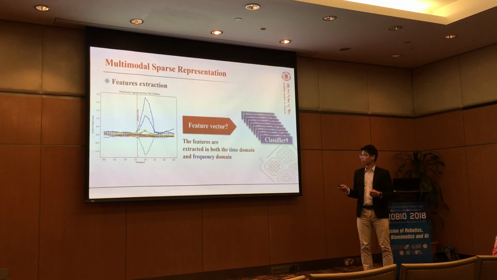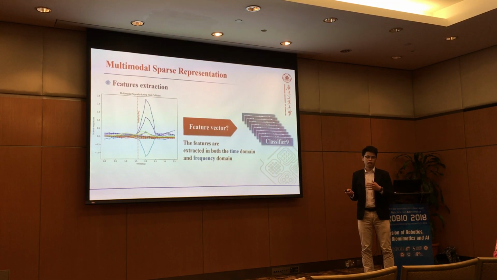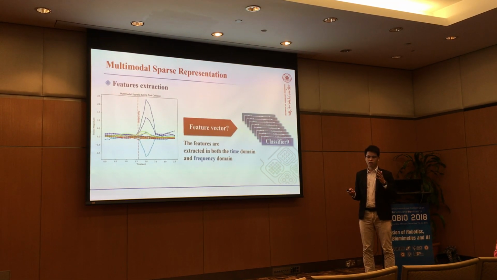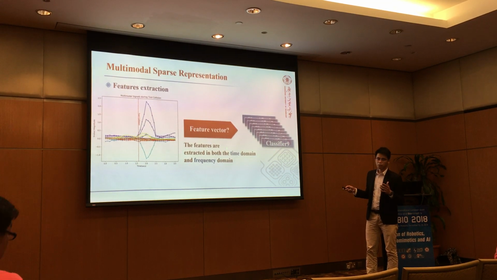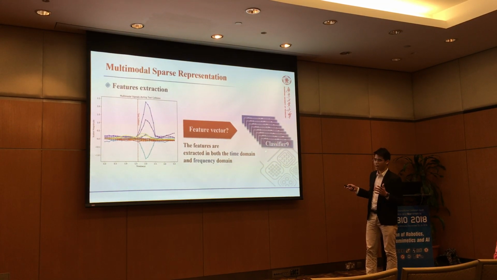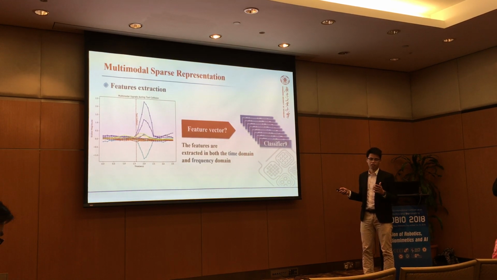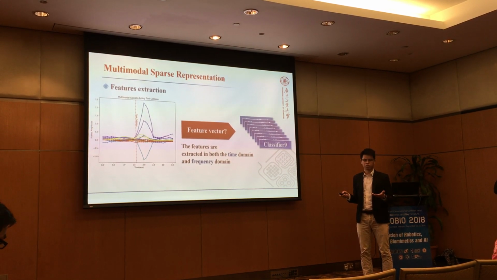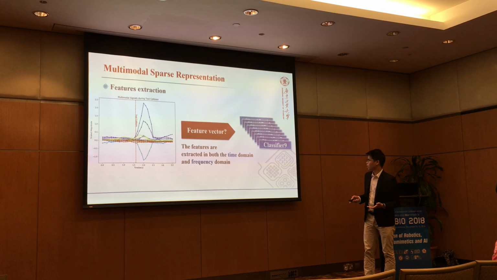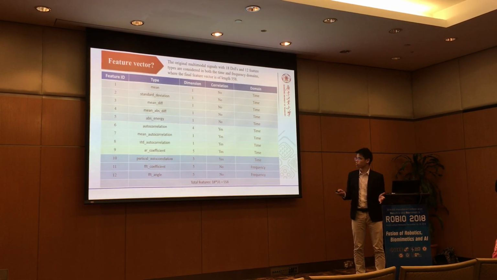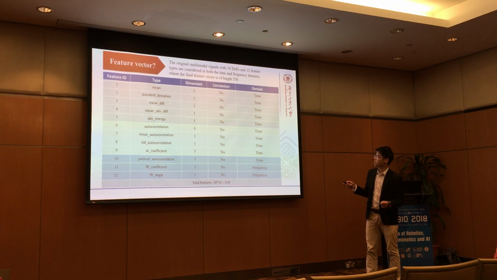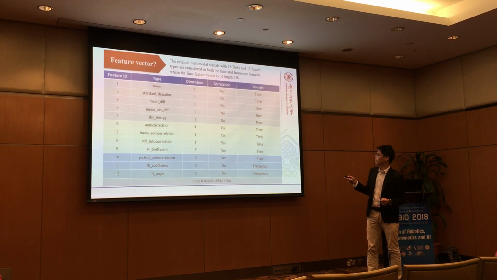After we extract the features, we put them into 9 types of classifiers to test our proposed method. To extract the features, we consider the mean and the standard deviation.